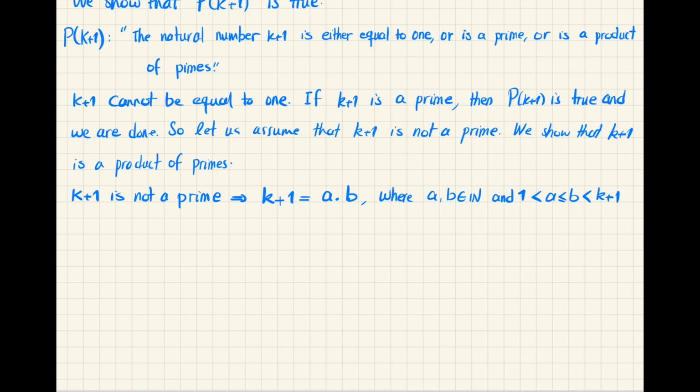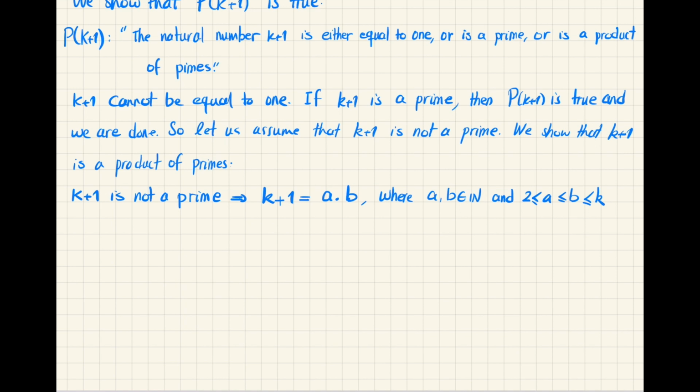But it is clear that b cannot be equal to k plus 1, because if b is k plus 1, then a is equal to 1, so it means that this is not factorized in the first place. Okay, but if you don't mind, instead of b strictly smaller than k plus 1, I can clean this and write b less than or equal to k, and instead of writing strictly greater than 1, I can clean this and write 2 less than or equal to a.